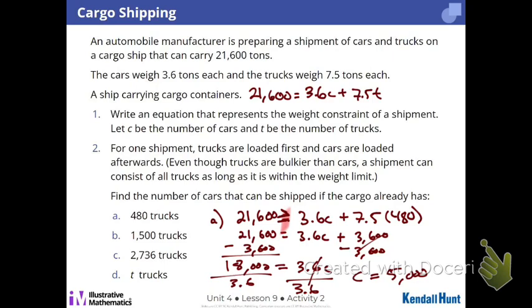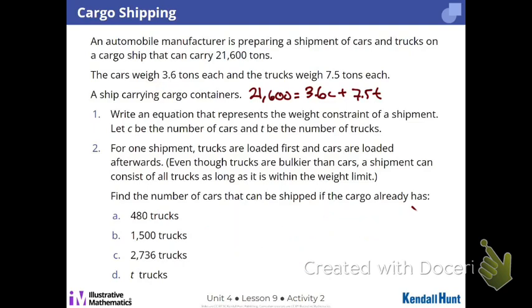But what I directed some people to, that I saw doing this, is, what did we do for the warm-up? We made equivalent equations to isolate the variable first. So keep your 5,000 cars, but let's try that for B and C. So if we started with 21,600 equals 3.6C plus 7.5T, I know the number of trucks, I want to find the number of cars.